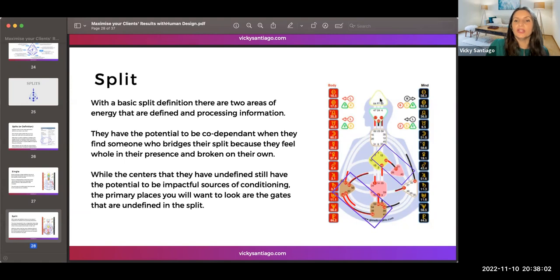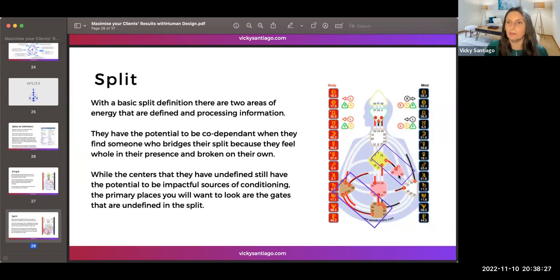So you still want to look at the undefined centers, but what you'll really want to look at is this gate 26 in this particular scenario. So the bit that needs to be colored in, that's where this person will probably have quite a bit of healing work to do around the theme of that gate.